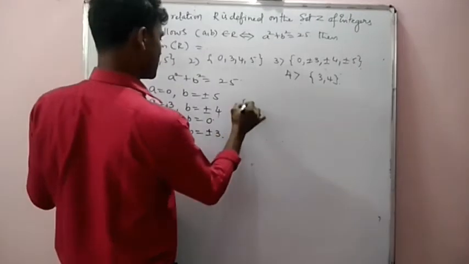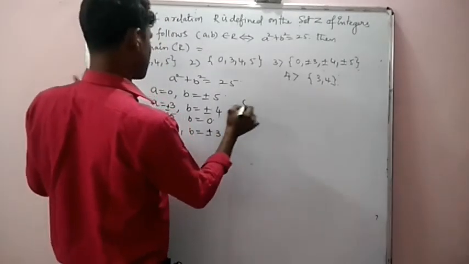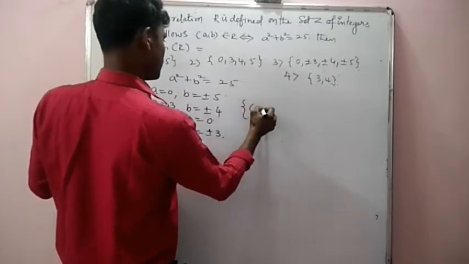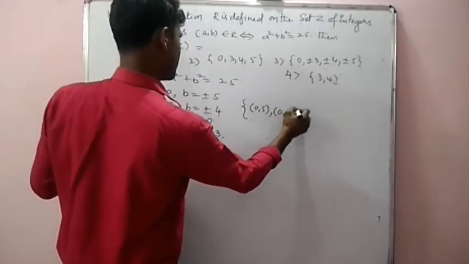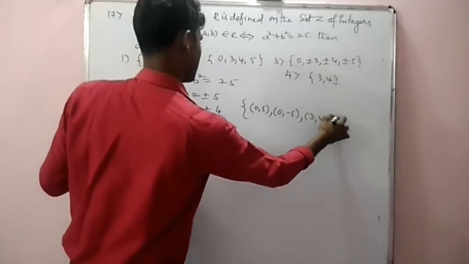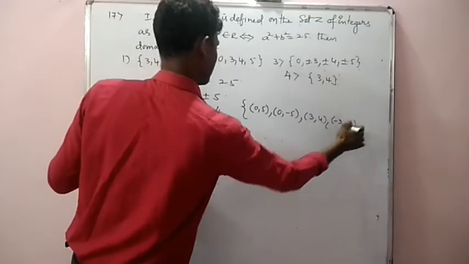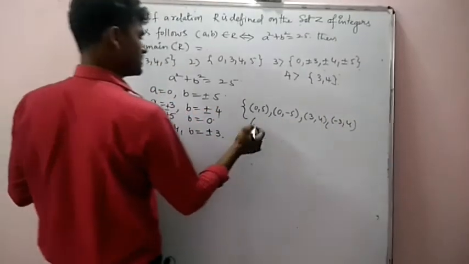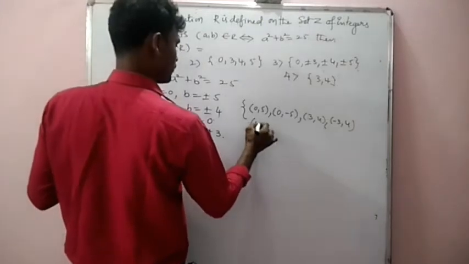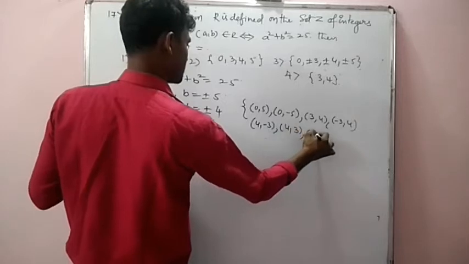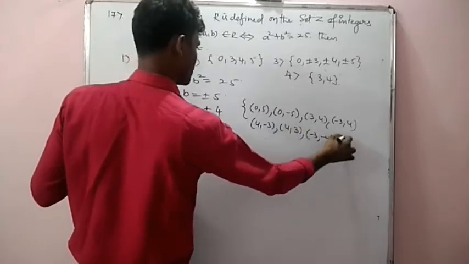Then total 4 cases. Then to write the domain, first you have to write the relation here: 0, 5 and 0, minus 5, and 3, 4, minus 3, 4 and minus 3, minus 4 you have to write, no problem. And here also 4, minus 3 and 4, 3 and minus 4, 3 also you have to write.